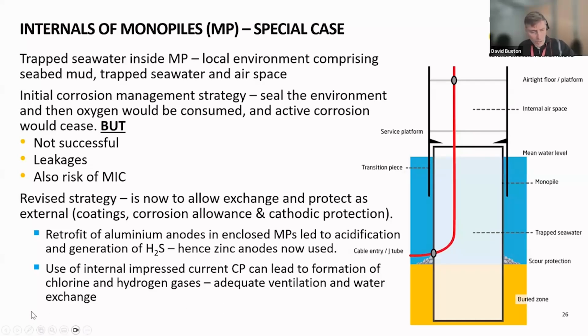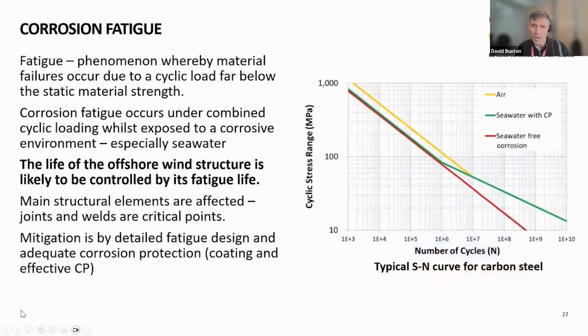So just to finish off, next slide, please. Just to mention the issue of corrosion fatigue. This is probably the mechanism that will determine the life of the offshore wind structure.